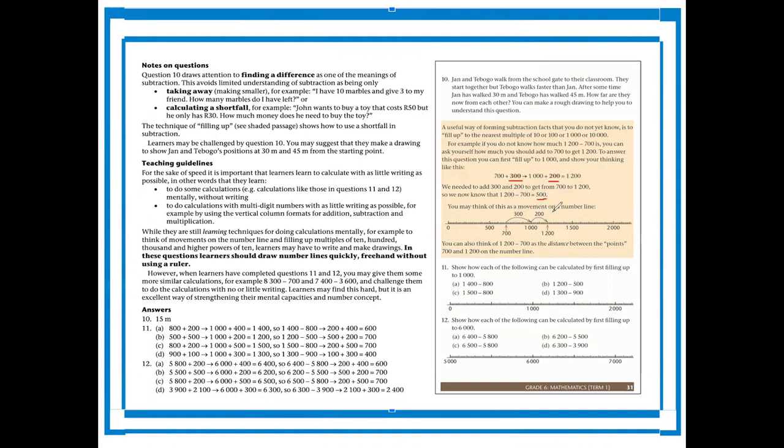You may think of this as a movement on a number line. So to get from 700 to 1,000, we add 300. And then to get from 1,000 to 1,200, we add a further 200. So then 300 plus 200 is equal to 500.